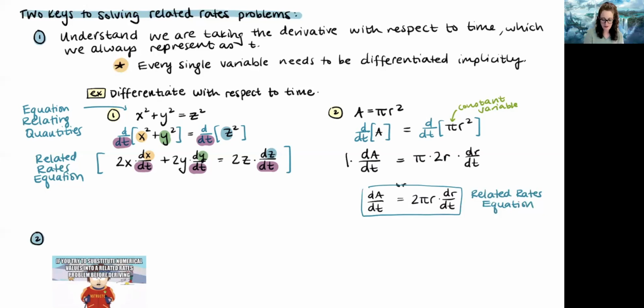And this one I can give a little bit of sense of, hopefully. So if you have a circle and its radius is getting larger, so expanding out, you would get another larger circle. And so this is the rate of change of the area.